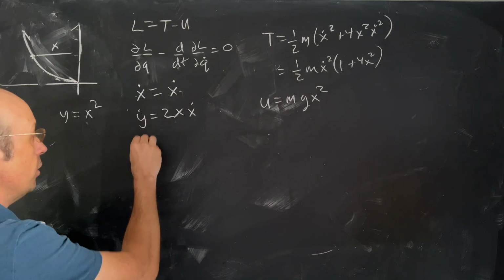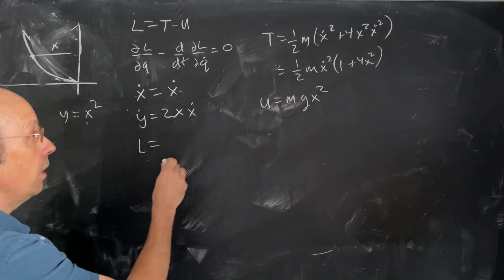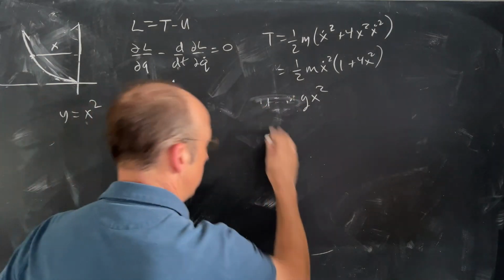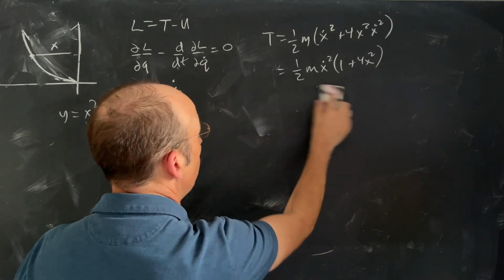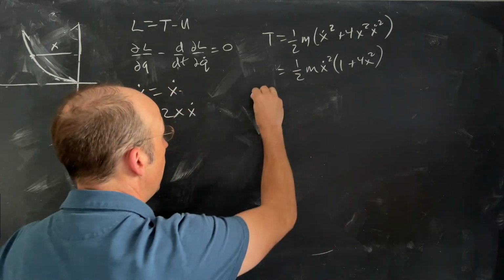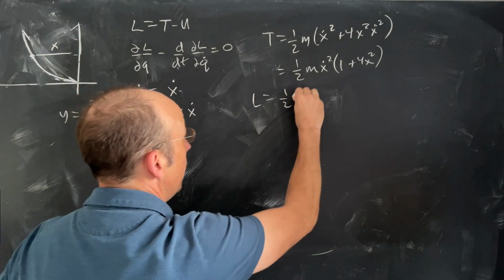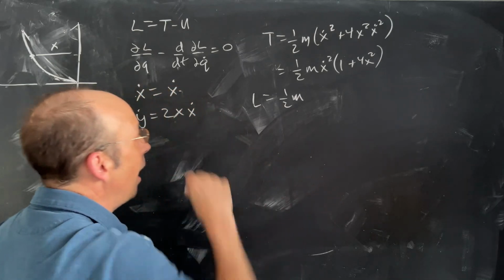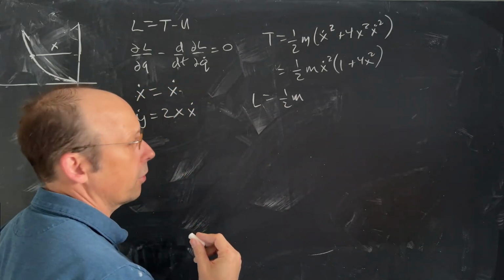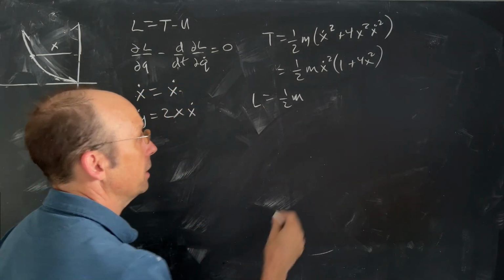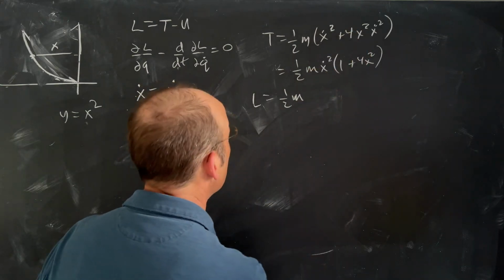So my Lagrangian, L, is going to be equal to, I'm going to run out of room, so let's put it up here. L is 1/2 m... I kind of feel like I'm just going to make these all separate terms, because otherwise I'm going to make a mistake. So I'm going to multiply this out.